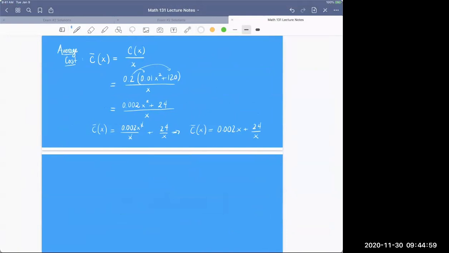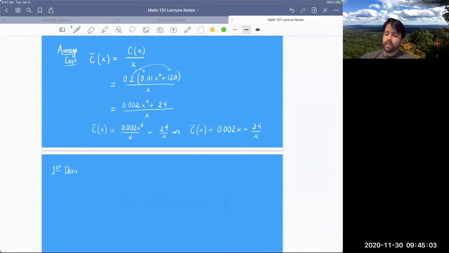The first derivative. That first derivative is so essential. So what's the derivative of the average cost function? The first derivative here would be 0.002, that's easy.